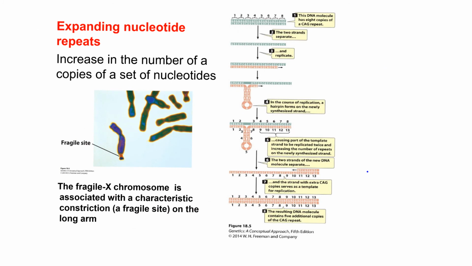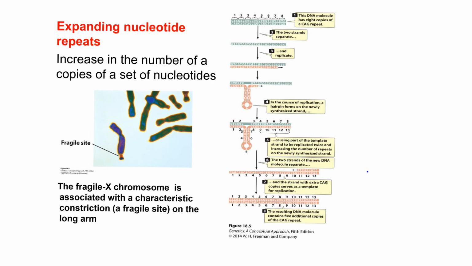The last category of mutations based on the molecular nature that we will discuss are expanding nucleotide repeats. Expanding nucleotide repeats trigger an increase in the number of copies of a set of nucleotides.